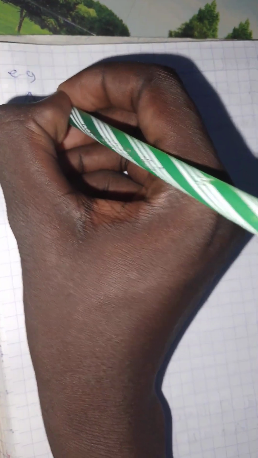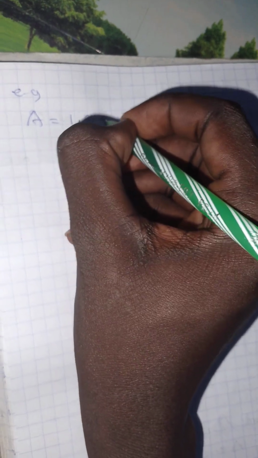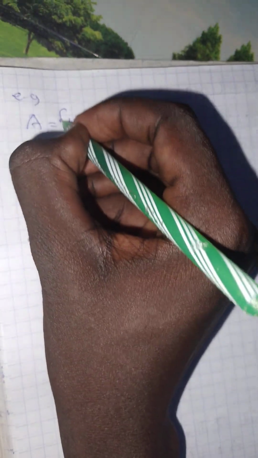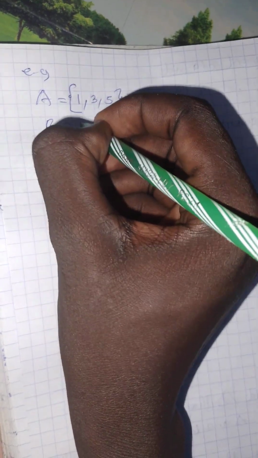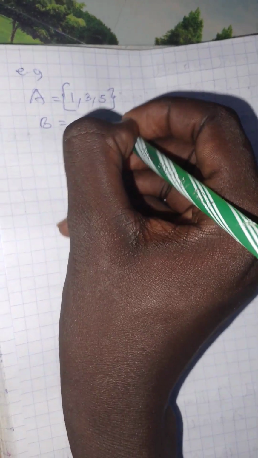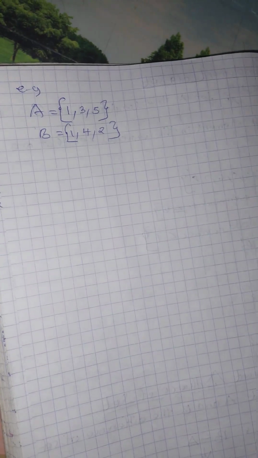For instance, we have a set A. Set A contains the following elements: 1, 3 and 5, within a curly bracket. Set B is 1, 4, 2, within a curly bracket.